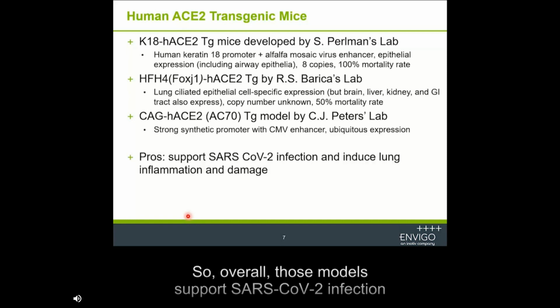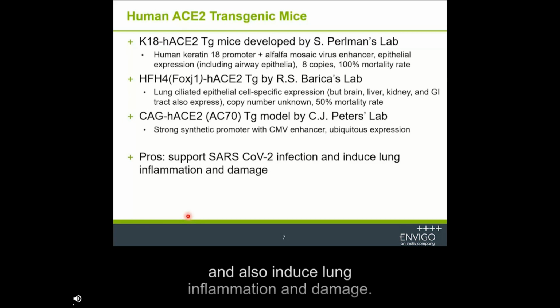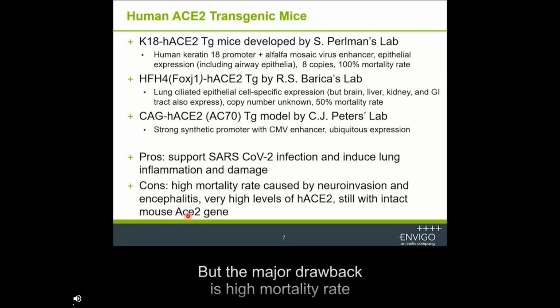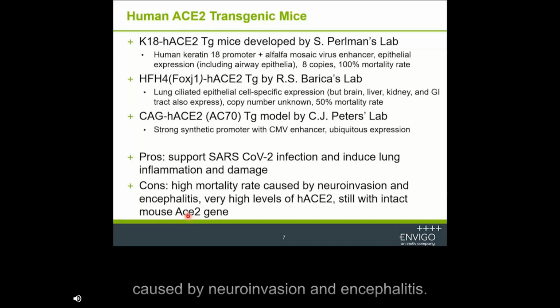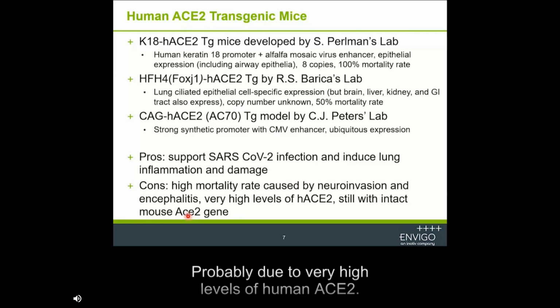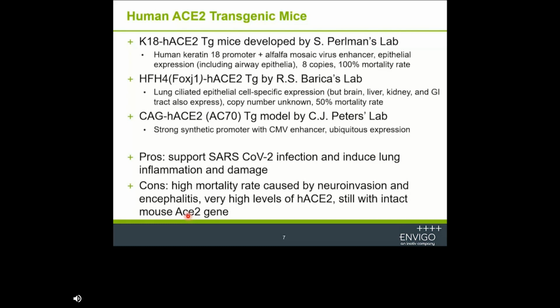So overall, those models support SARS-CoV-2 infection and also induce lung inflammation and damage. But the major drawback is high mortality rate caused by neuroinvasion and encephalitis, probably due to very high levels of human ACE2.